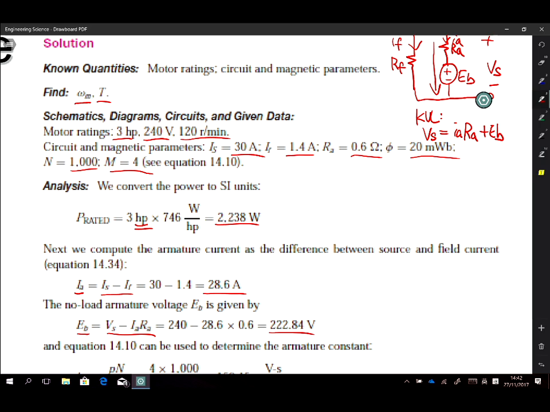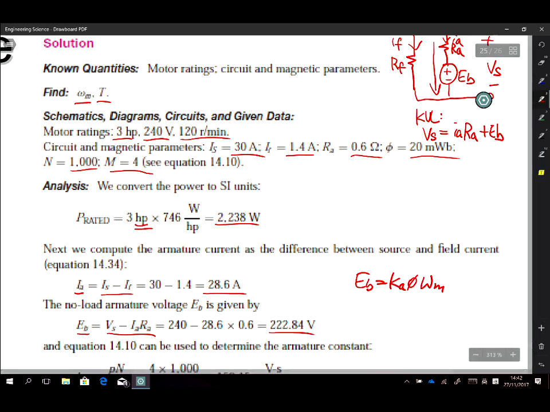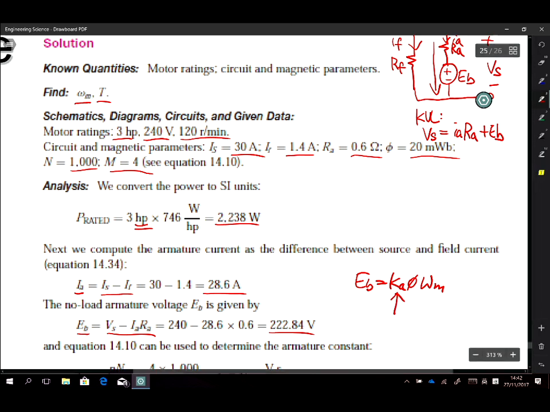After you get EB, remember that you have the formula EB equal to Ka phi omega m. So this formula can help you find omega m. The problem is, what is the value of Ka?